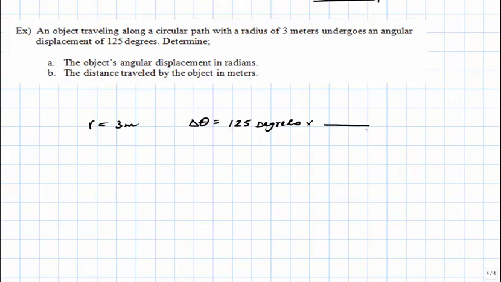We know that 57.3 degrees equals 1 radian. The degrees cancel, and the value for delta theta equals 2.182 radians.